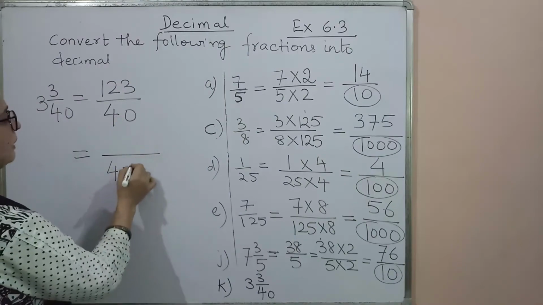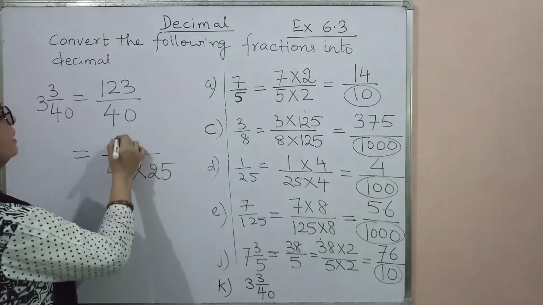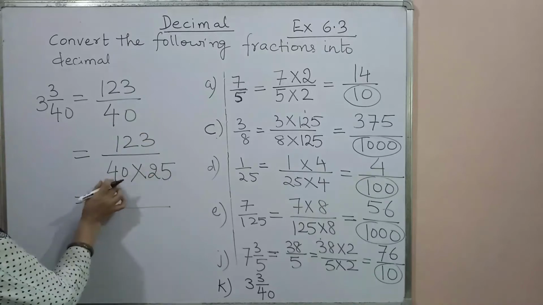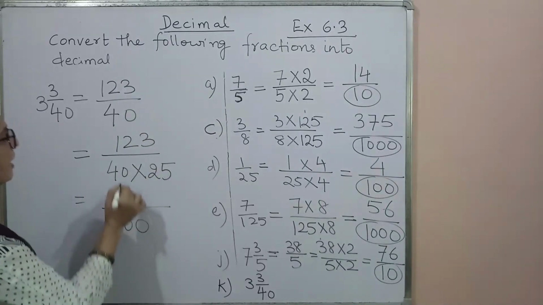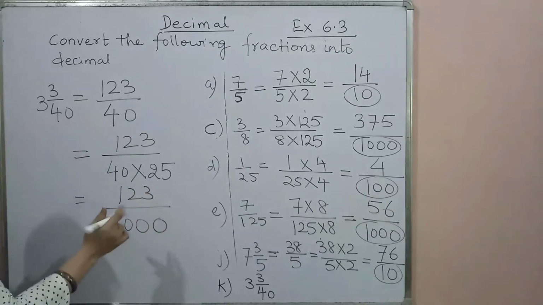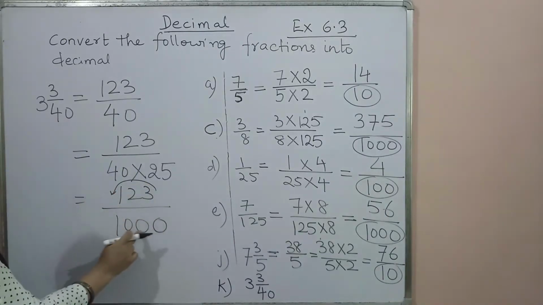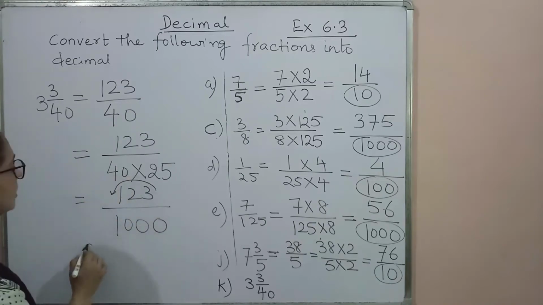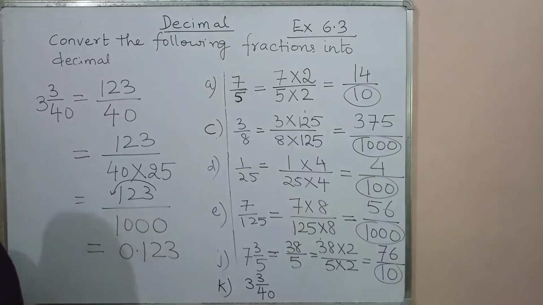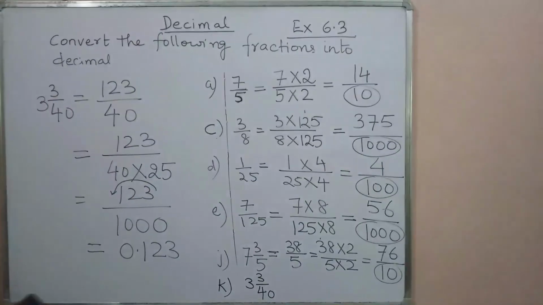So if you multiply 4 by 25, we all know you get 100. So we have 123 here. It becomes 25 fours are 100 and a 0 is here. So 123 upon 1000. And 123 upon 1000 means the decimal will be shifted by 3 digits. The answer is 0.123. So we have done this part of the question.